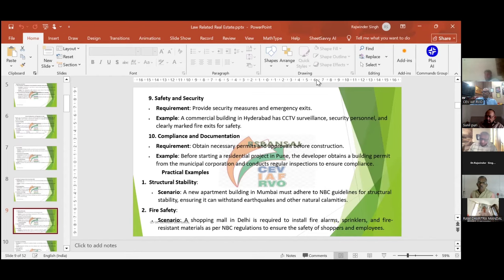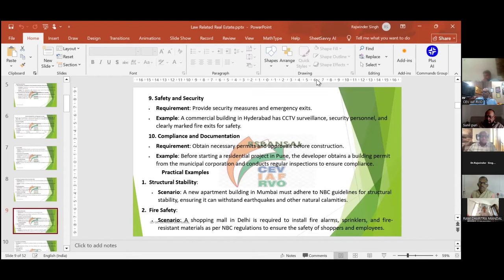So what the law says is that the building should be safe and it should also look safe. It should remain useful for the life period for which it has been constructed. So let us suppose you have constructed a water tank. You fill it with water after constructing it, but it starts leaking after, let us suppose, 1 year.